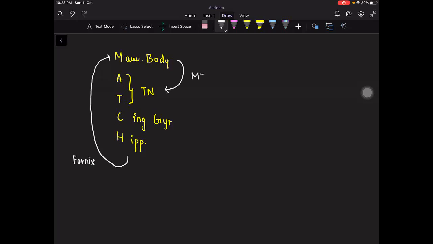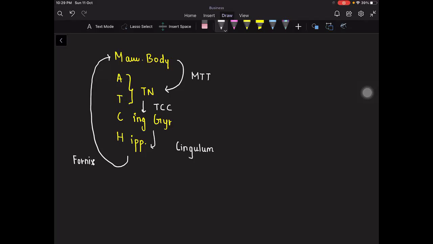Good. What is the anterior thalamic nucleus to cingulate gyrus tract called? Internal capsule? Thalamocortical tract. Okay. And what is the cingulate gyrus to hippocampus tract called? It is essentially called the cingulum.